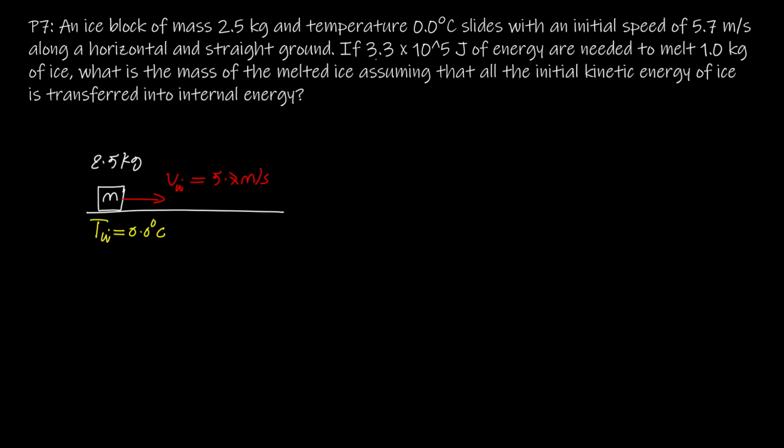Now the problem says if 3.3 times 10 to the power of 5 joules of energy are needed to melt 1.0 kilogram of ice, what is the mass of the melted ice, assuming that all the initial kinetic energy of the ice is transferred into internal energy? So basically we are interested in how much of the kinetic energy produces heat, because this heat, or this energy flow, will increase the internal energy.